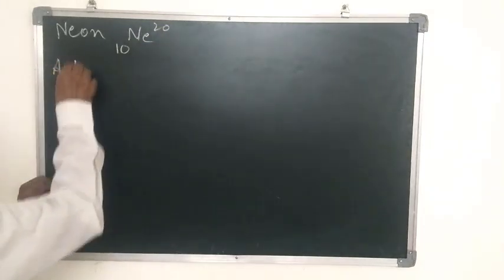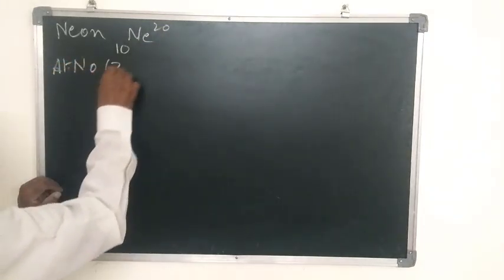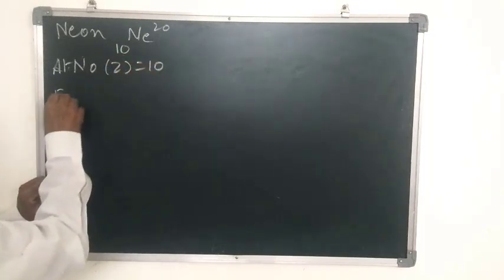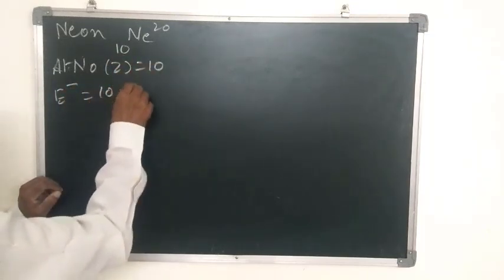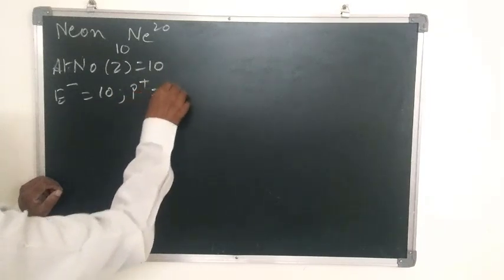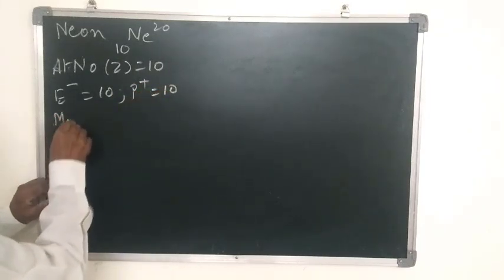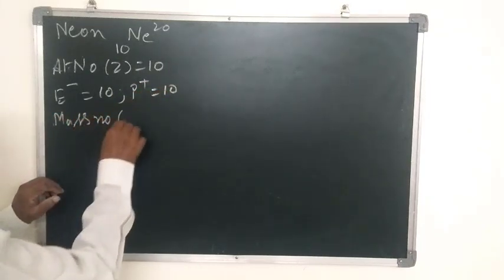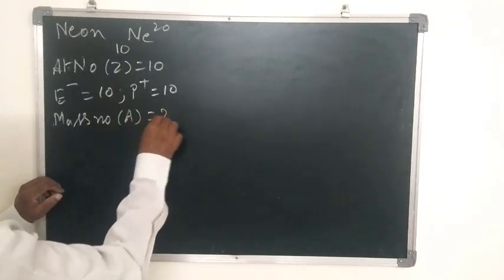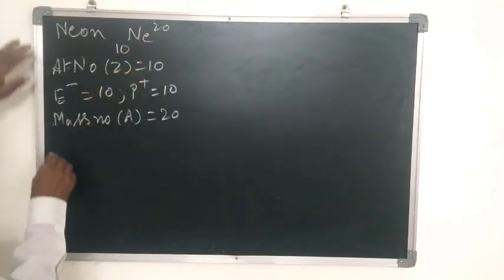Now let us see neon, Ne-10-20. So atomic number Z is 10, number of electrons 10, number of protons 10, mass number A is 20.